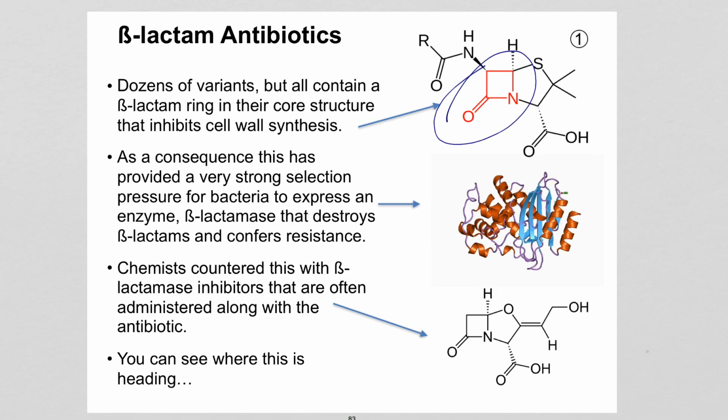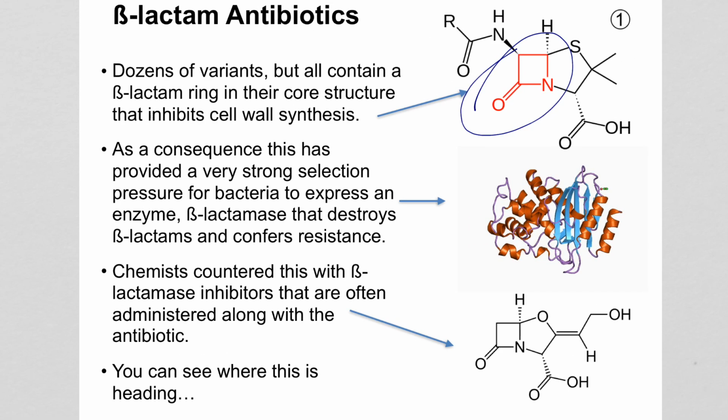That's the actual substructure within the molecule that binds to that peptidoglycan synthesizing enzyme and turns off its ability to produce cell wall. The consequence of that is they're pretty broad spectrum. All bacteria have to produce peptidoglycan, and so they'll have a pretty strong effect no matter which bacterium you're fighting, with a few small exceptions.